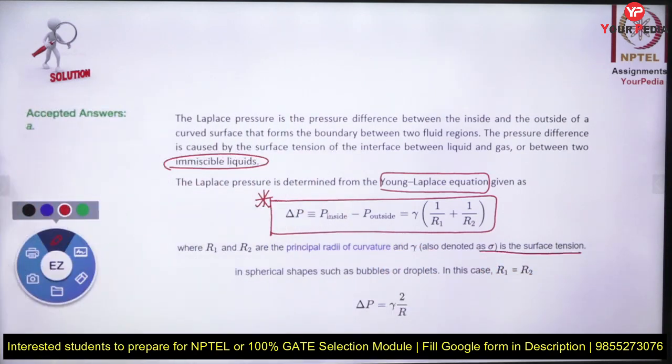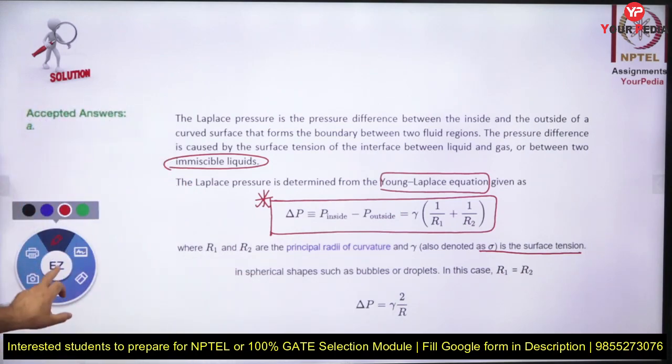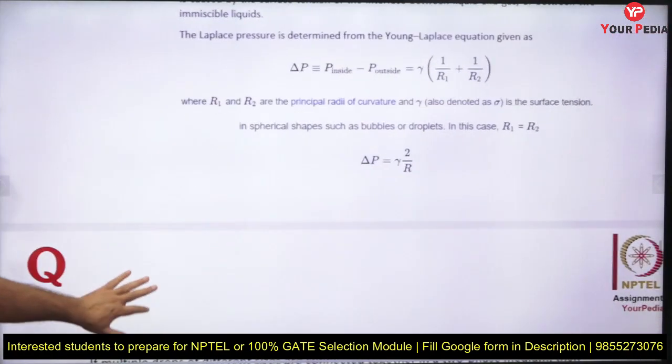It can also be written as sigma. R1 and R2 are the principal radii of curvature at that interface. If it is a bubble or droplet, then R1 will be equal to R2. So this is how you get the value. This is the formula you should know, and if you equate these two radii, this is what you get.